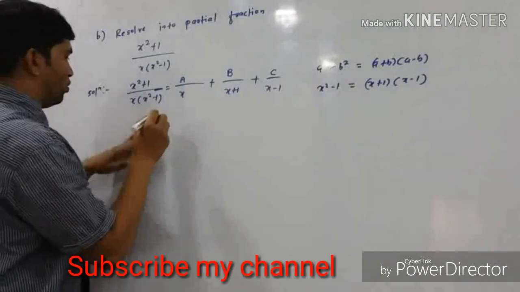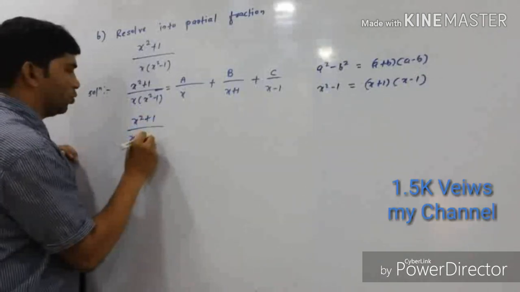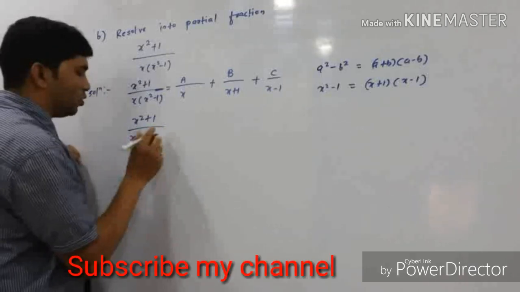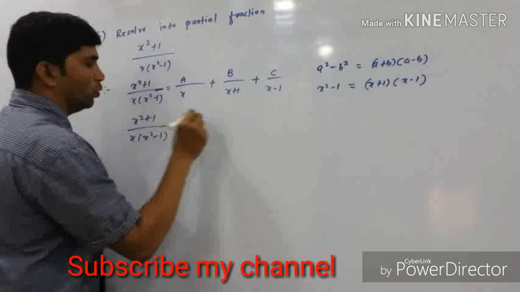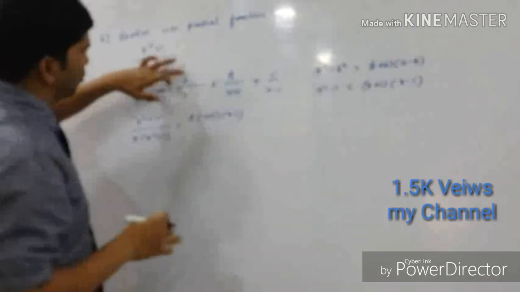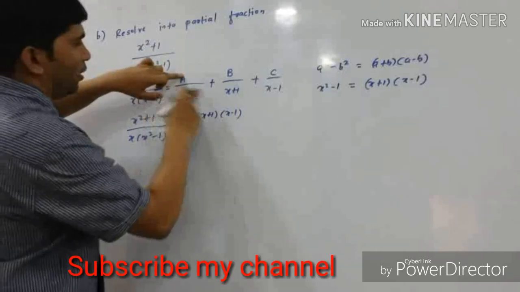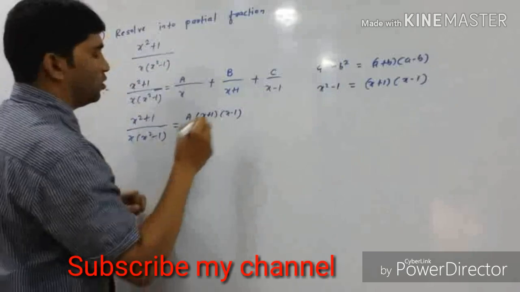So by using first type, x square plus 1 upon x into x square minus 1 is equal to A into x plus 1, x minus 1. See this, we put here A and multiply remaining denominators x plus 1, x minus 1.